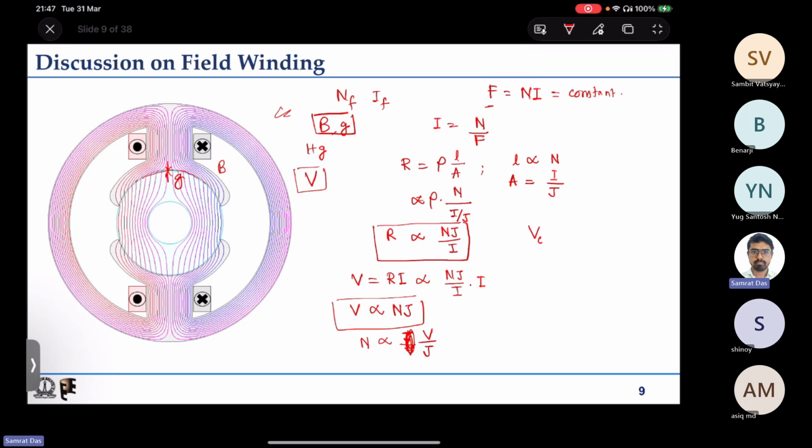The volume of copper is the usable area available to put the copper.